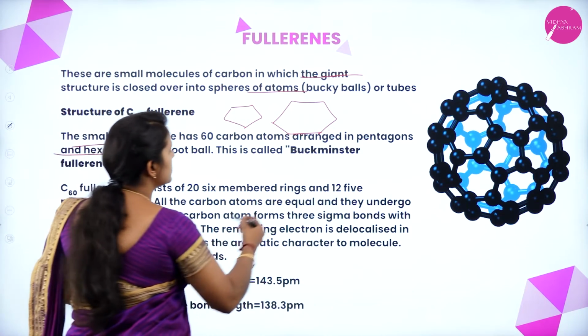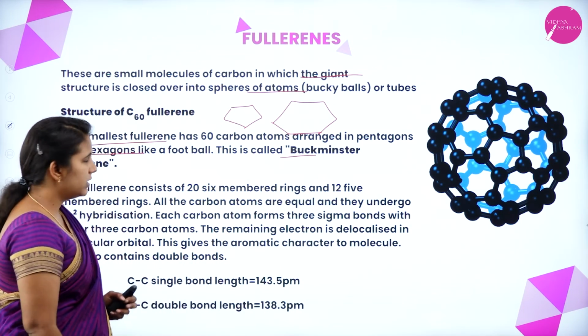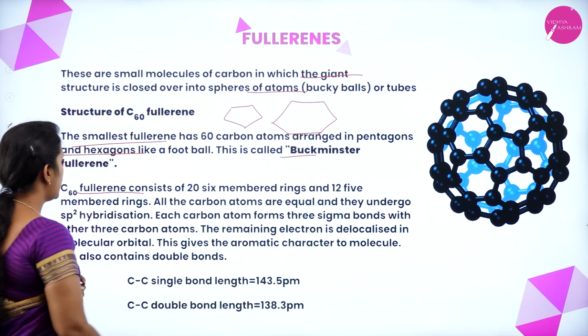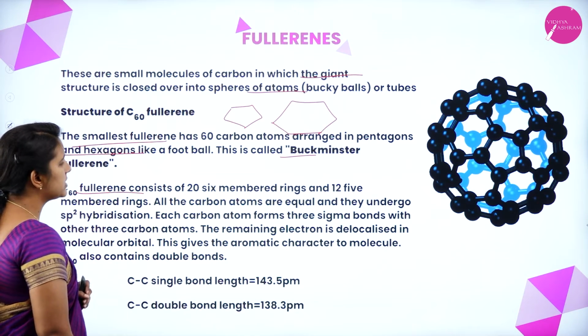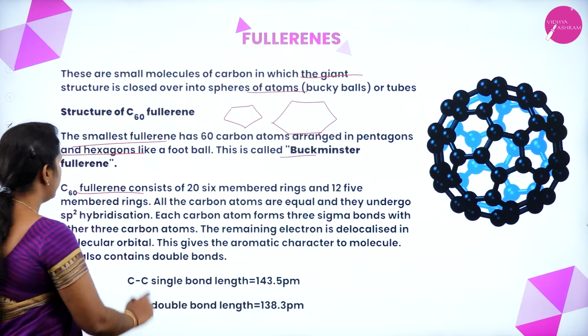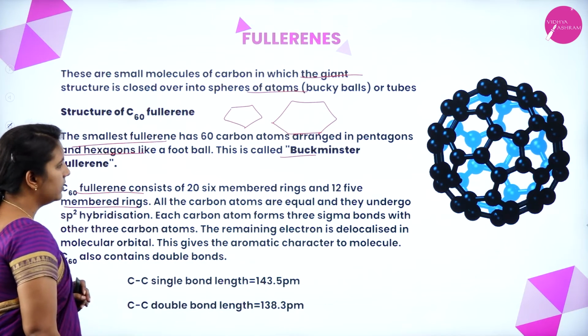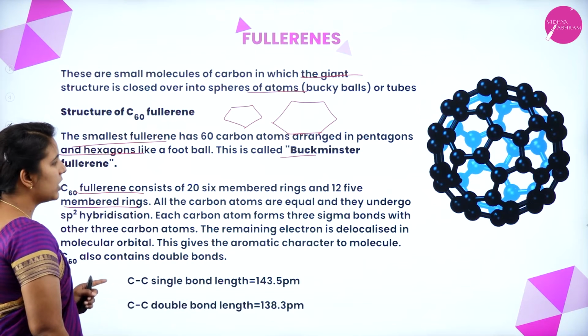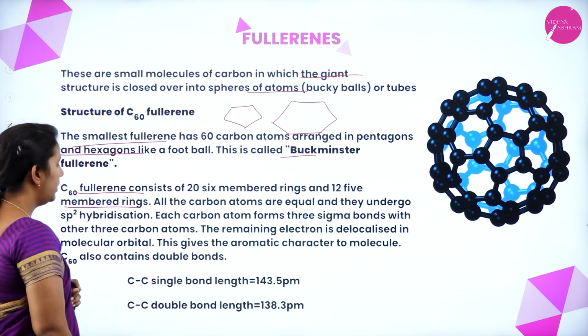It is also known as what? Buckminster fullerene. The C60 fullerene consists of 20 six-membered rings and 12 five-membered rings.